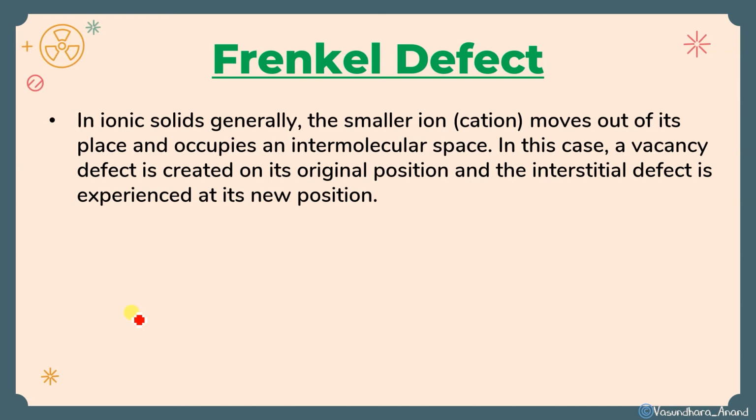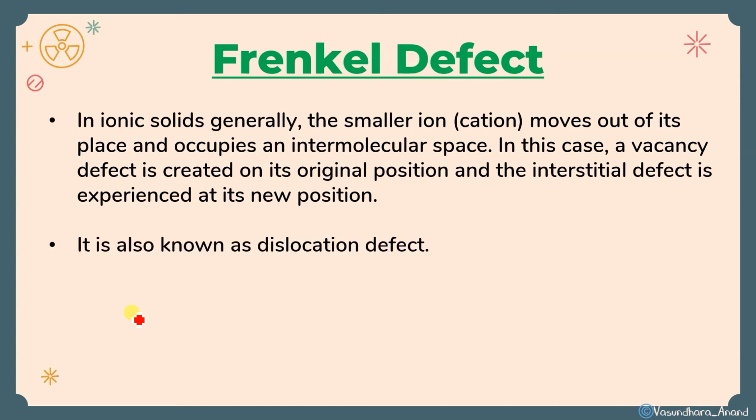So the number of ions remains constant per unit volume. So that's why the volume will not change. Okay. So in the Frenkel defect, there is no change in the density. That's the point you have to learn. And it's a kind of vacancy as well as interstitial defect. Both come into this.